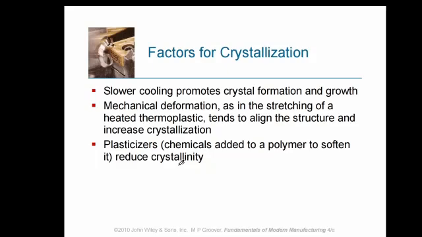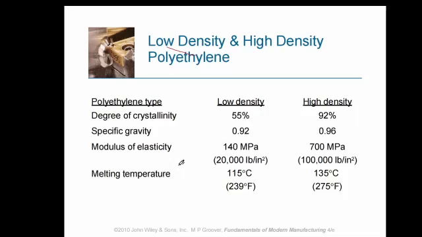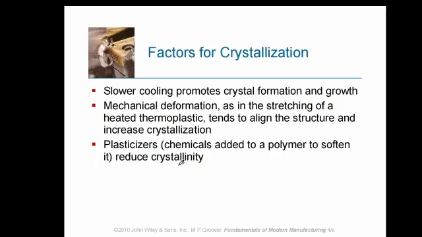Generally, slower cooling promotes crystal formation. And so if you cool your polymer slowly, not rapidly, you promote more crystal formation. So that's how HDPE is made, versus low density polyethylene, where the cooling rates are varied.